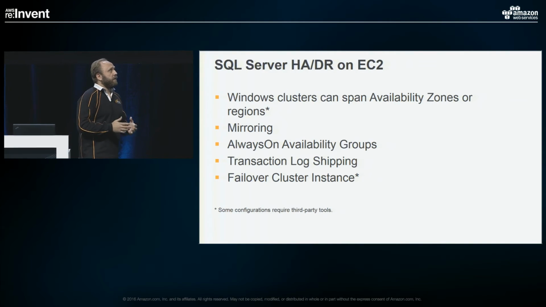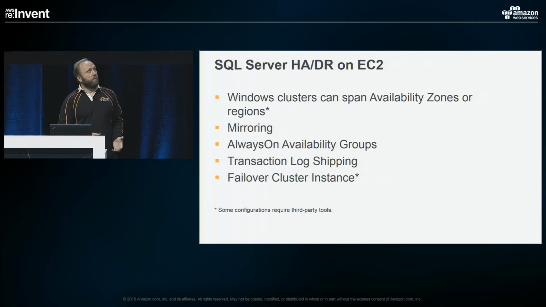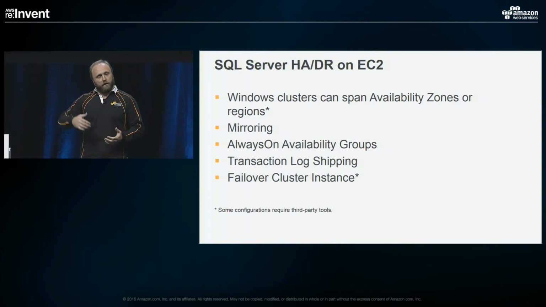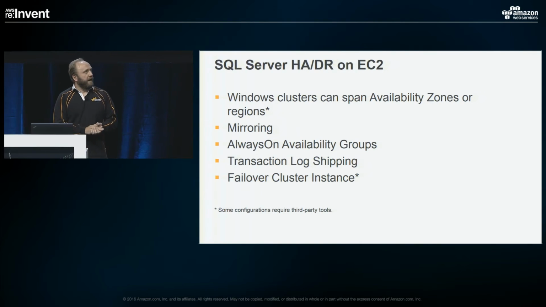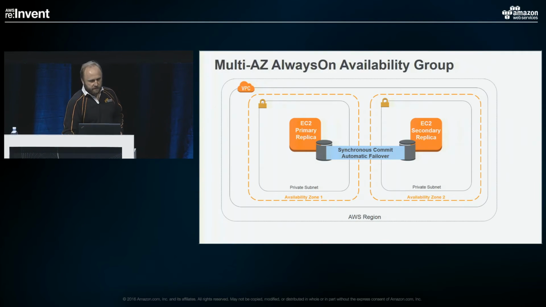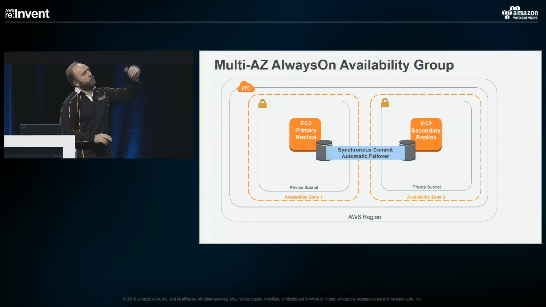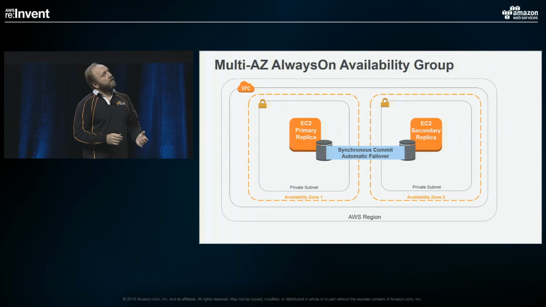You can run any type of high availability and DR scenario on SQL, the most common one being the Always On availability groups, which is actually an evolution of log shipping, and kind of a third generation after mirroring and so on. Or you could be running failover cluster instances. The main difference with the failover cluster instances is, so this would be basically your common Always On availability group with synchronous commit.